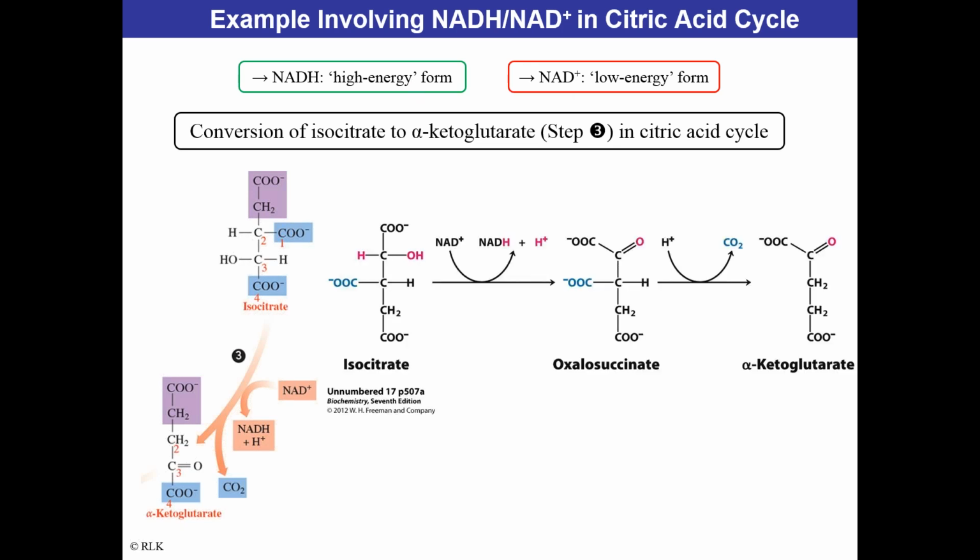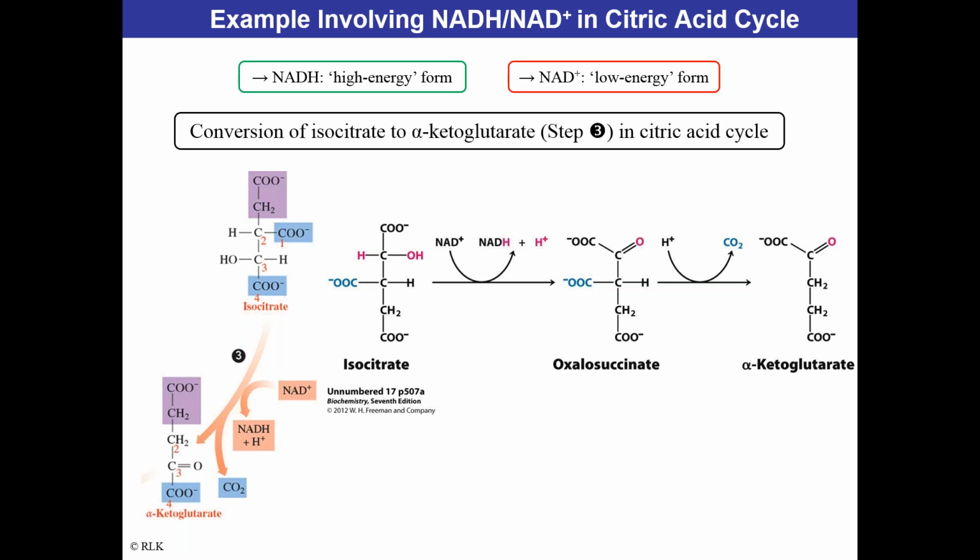You have a reduced form and an oxidized form, and this is one step of the citric acid cycle, as I mentioned. This is during the conversion of isocitrate to alpha ketoglutarate. Alpha ketoglutarate is one of the alpha keto acids that is commonly produced, perhaps, from the processing of fatty acids in the body.